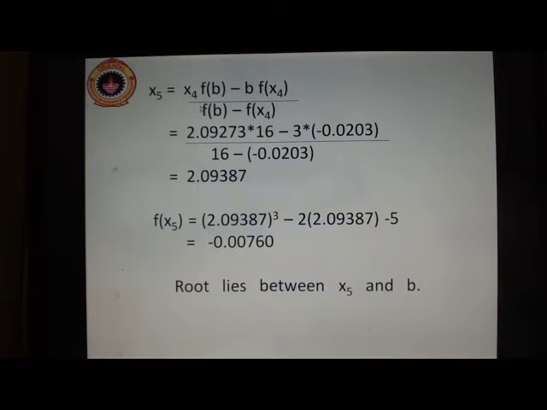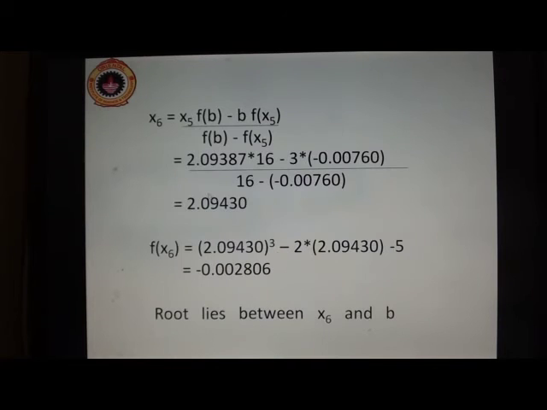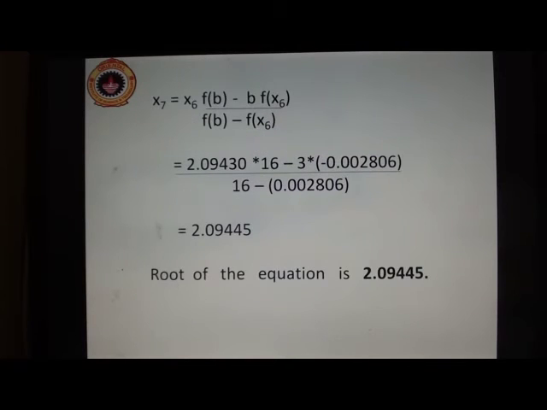Therefore the root lies between x5 and b. In the sixth approximation, the value is 2.09430. Therefore the root lies again between x6 and b.